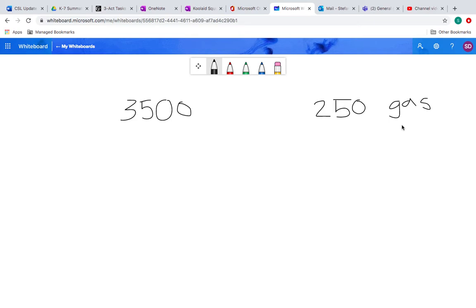Okay, so our first step is to take the smaller number, so the amount we're spending, $250, and we divide it. So this is how you punch it in the calculator. The smaller number first, divided by 3,500.